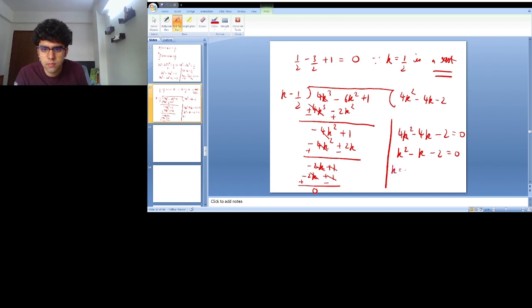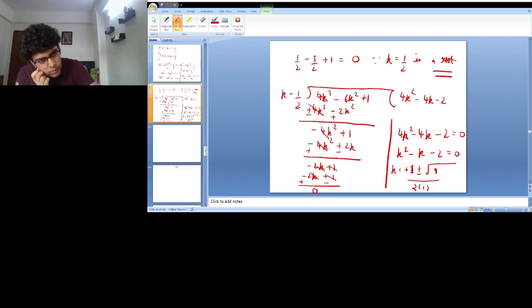So k is minus b plus minus root of b square minus 4ac, which is 1 minus 4 into 1 into minus 2, so 9, divided by 2 into 1, right?